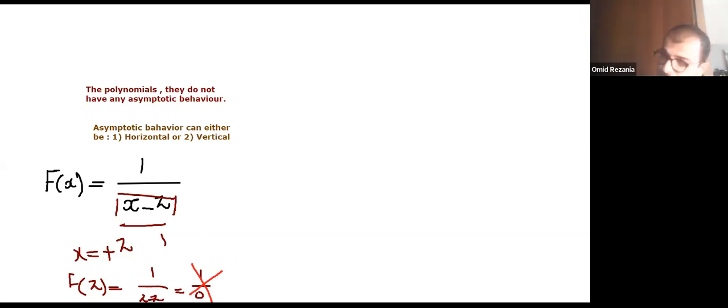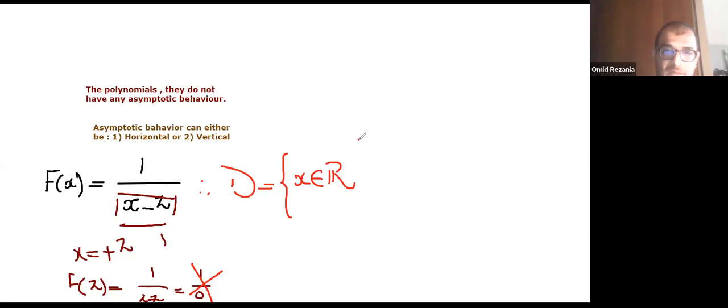We avoid it. As a result, we say that the domain of that function, the domain of f of x, is the set of all x which belong to the real numbers, however x is not equal to plus 2.